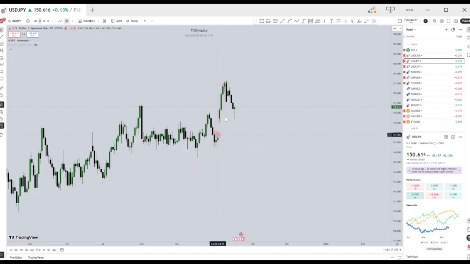Now look at the imbalance that we have here. We have this liquidity void. We have imbalances as a fair value gap. You can see this, we have this, and we have this liquidity void also.